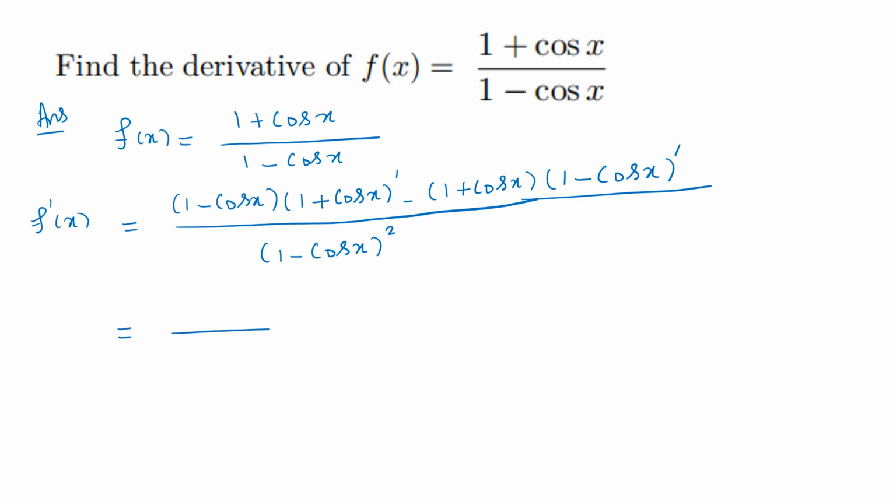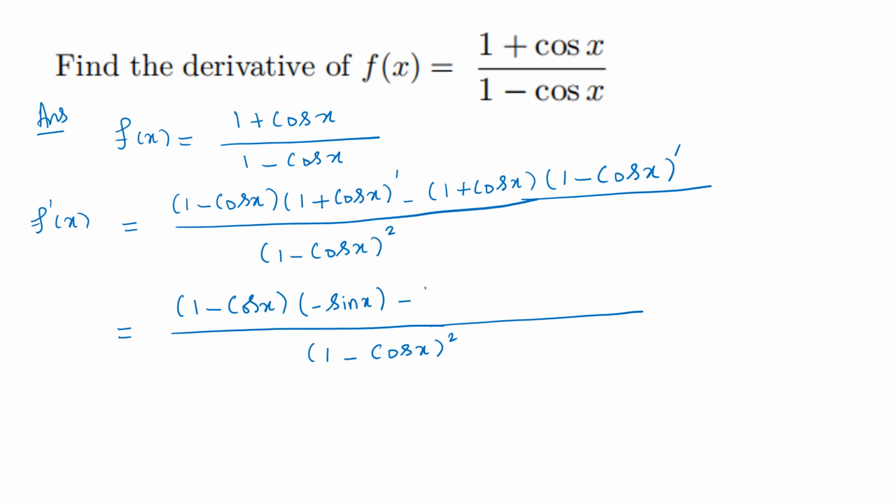Equal to the denominator, 1 minus cosine x squared. Numerator: 1 minus cosine x times 1 plus cosine x derivative. 1 derivative is 0, no need to write. Cosine x derivative is minus sine x.